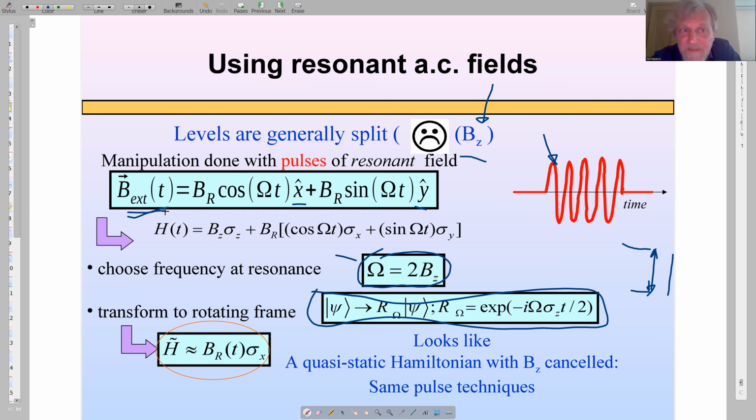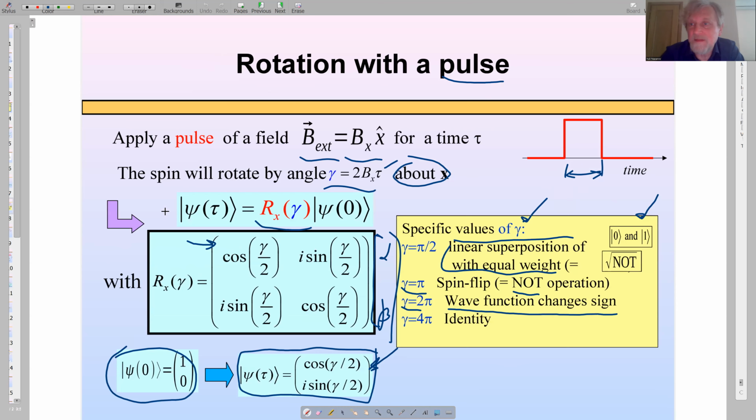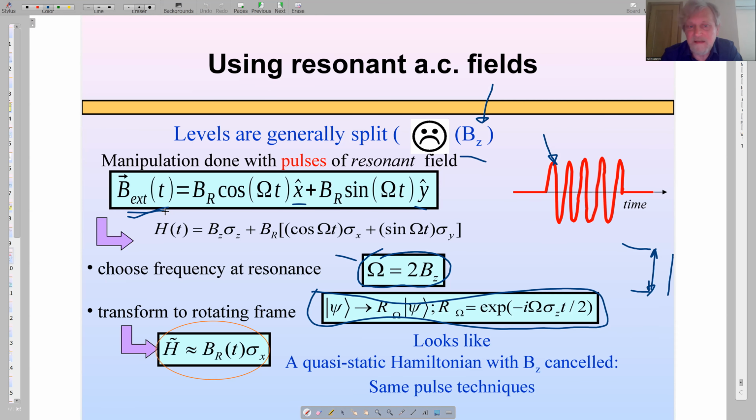And the oscillating field in this rotating frame becomes a constant field, and we are back to the previous scheme of static pulses. All right, so that explains the rotating frame and resonant manipulation of the qubits, which is still the most widespread way to operate single qubits.